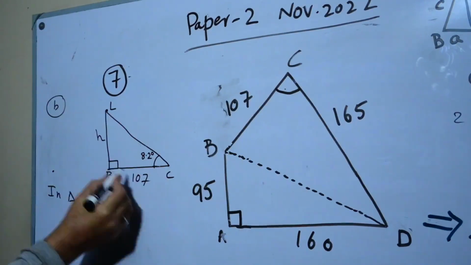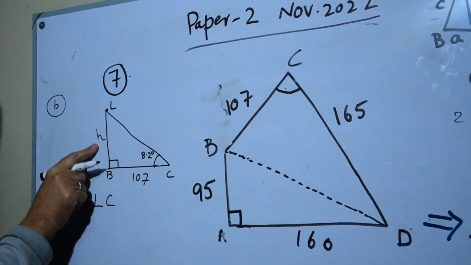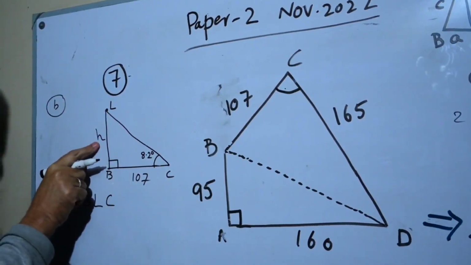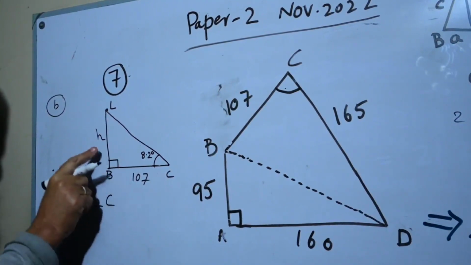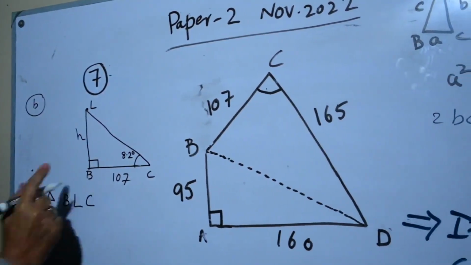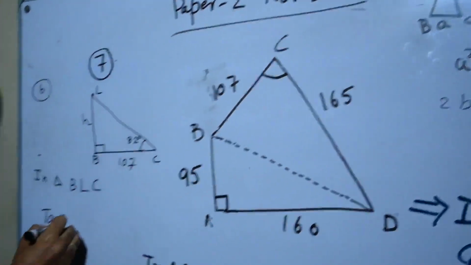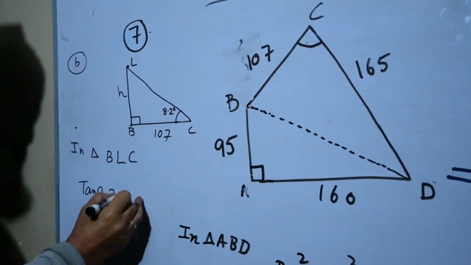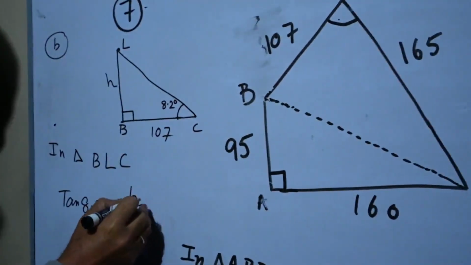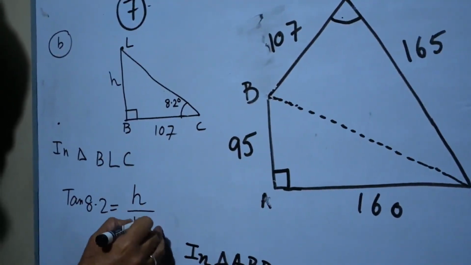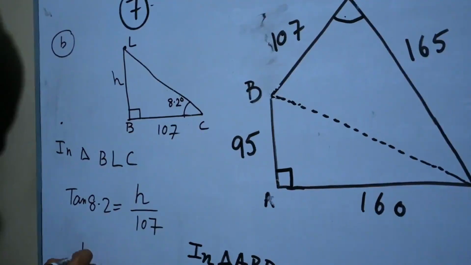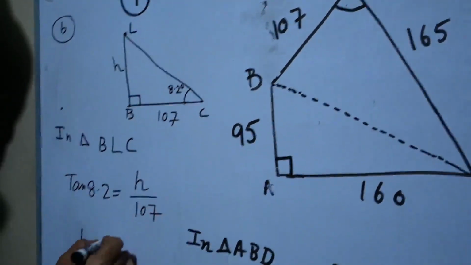So we have to calculate this. This is the perpendicular, this is the base. The ratio between perpendicular and base is tangent. So tangent 8.2 is equal to perpendicular, which is h, over base. Base is 107.